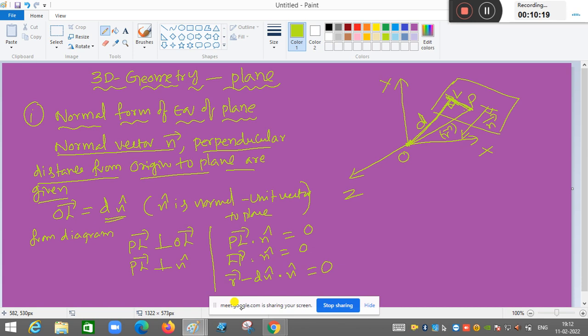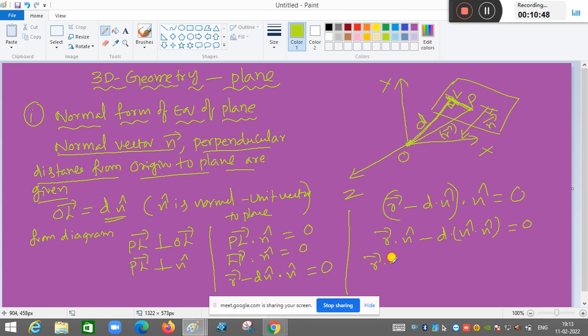Right. You take the dot product: R bar dot n cap, minus d n cap dot n cap, equal to 0.